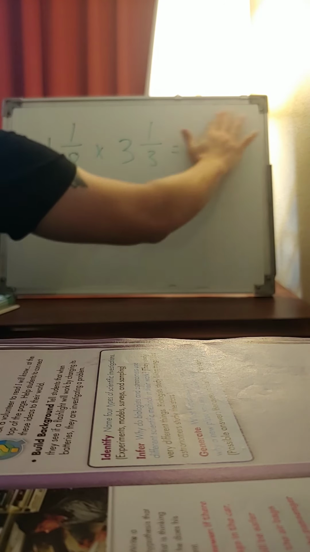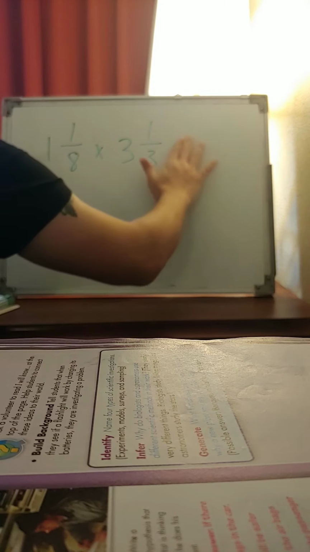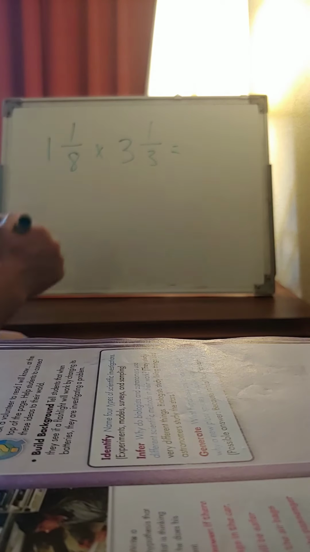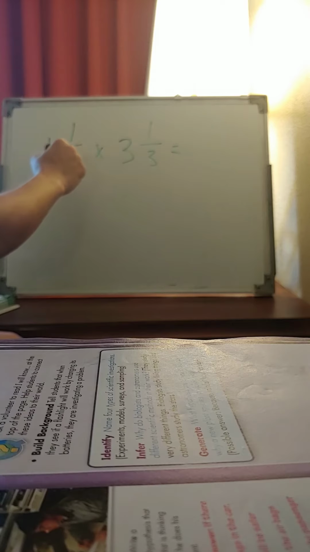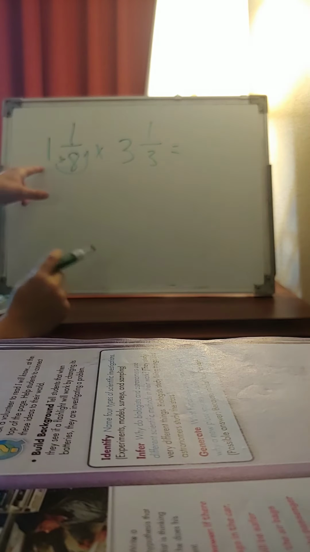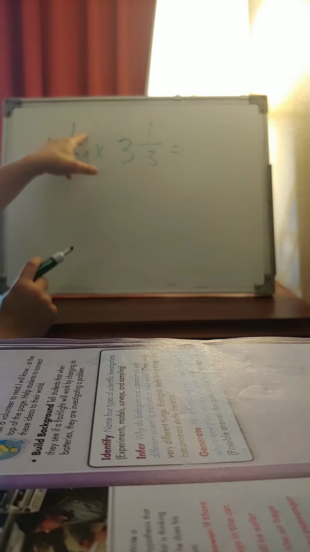Our options for these were simple. Okay? We had two options. One was an area model. And the other option, which most people are going to be using, is turning the mixed numbers to improper fractions before multiplying. So, 1 1/8, again, goes around in a circle, guys. 1 times 8 plus 1.